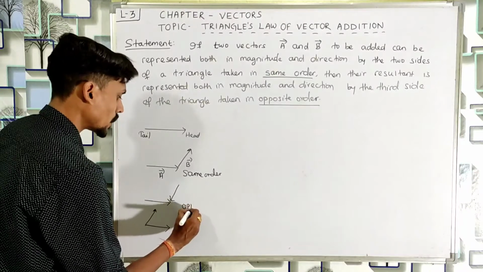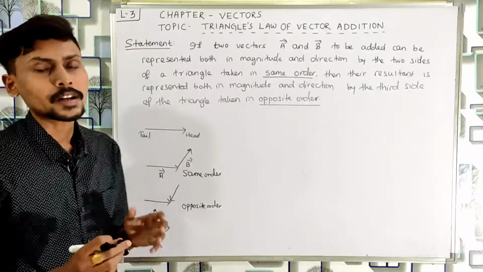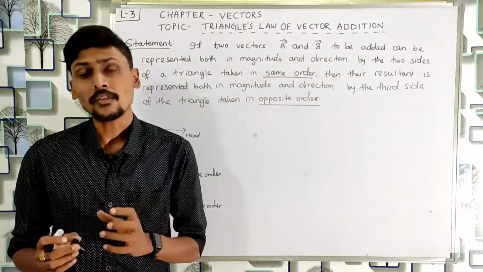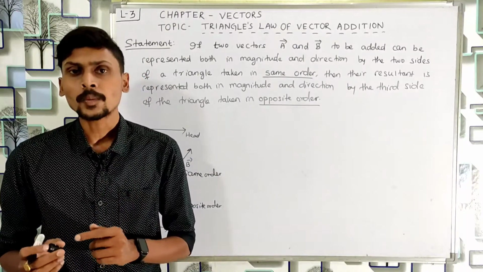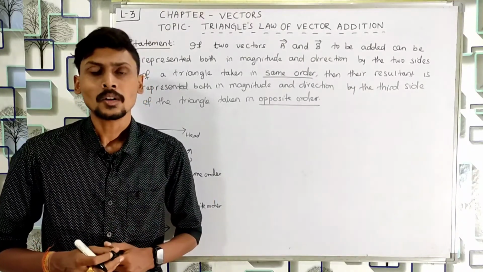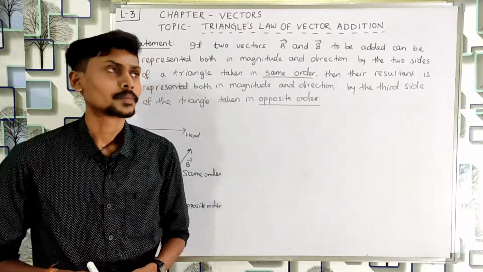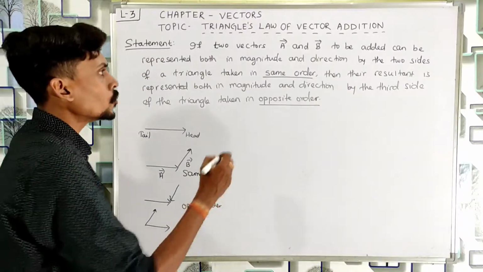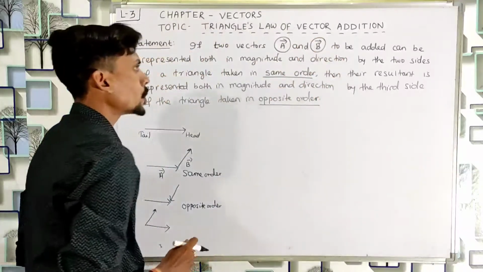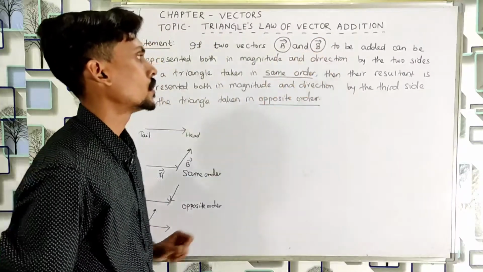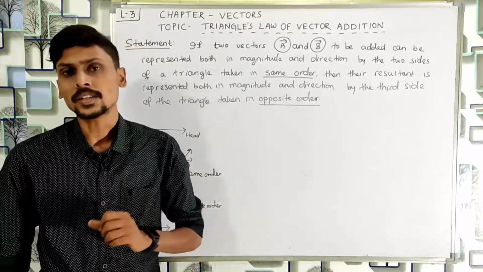So remember that same order means the head of one vector is connected to the tail of the other vector, and opposite order means the head of one vector is connected to the head of the other vector or the tail of one vector is connected to the tail of the other vector. So if we want to add vector A with vector B, then I have to represent these two vectors as the two sides of a triangle. A triangle has three sides.